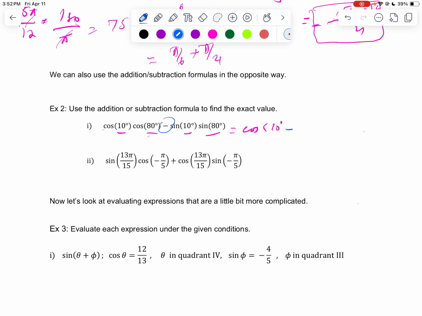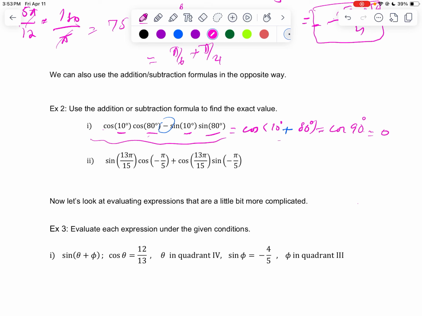And then we have 80. So this becomes 90. So I get cosine of 90 degrees. But what is cosine of 90 degrees? It's 0. From here, you cannot imagine that you'll get a 0. But when we apply the formula, that's what we are getting.